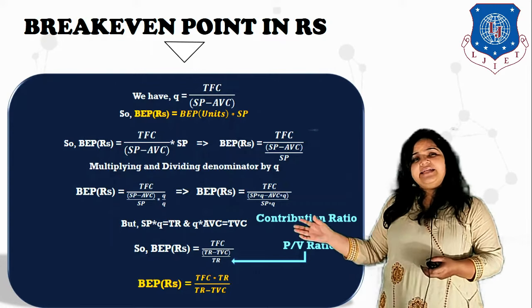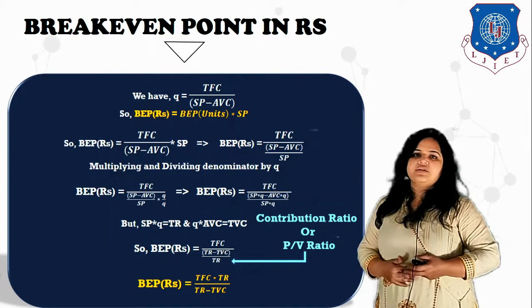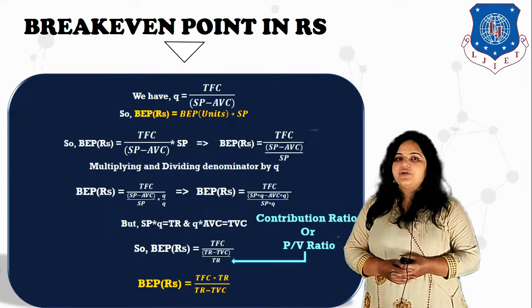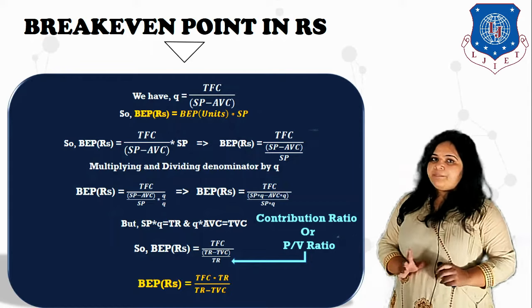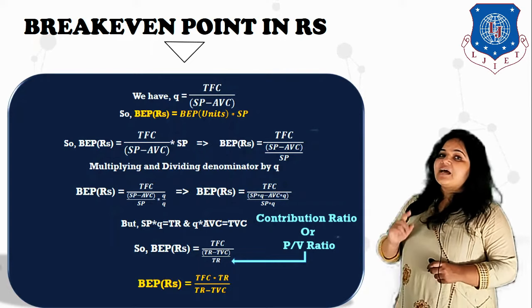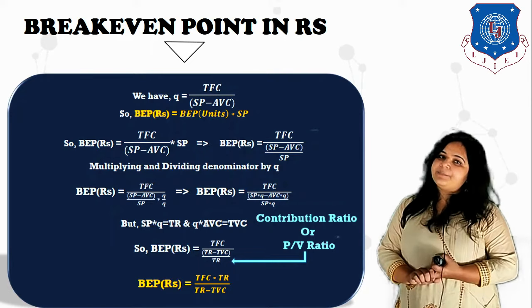You can let that TR remain in the denominator of the denominator, or you can bring it in the numerator as per your wish. Remember this formula that BEP in rupees is TFC upon TR minus TVC upon TR.